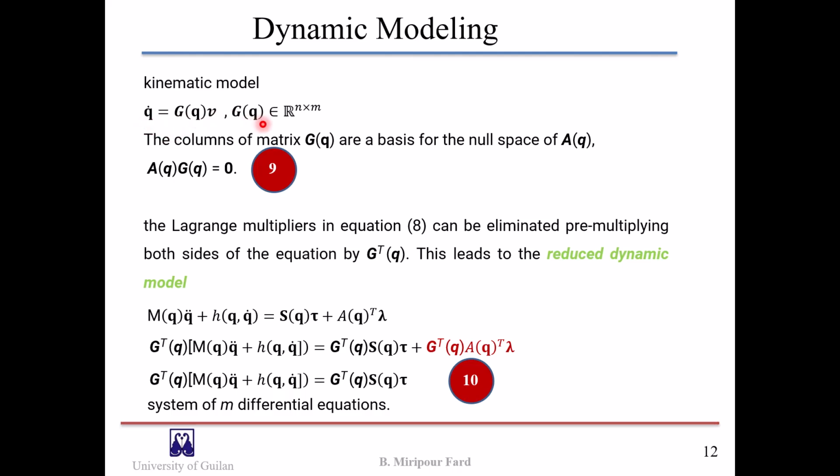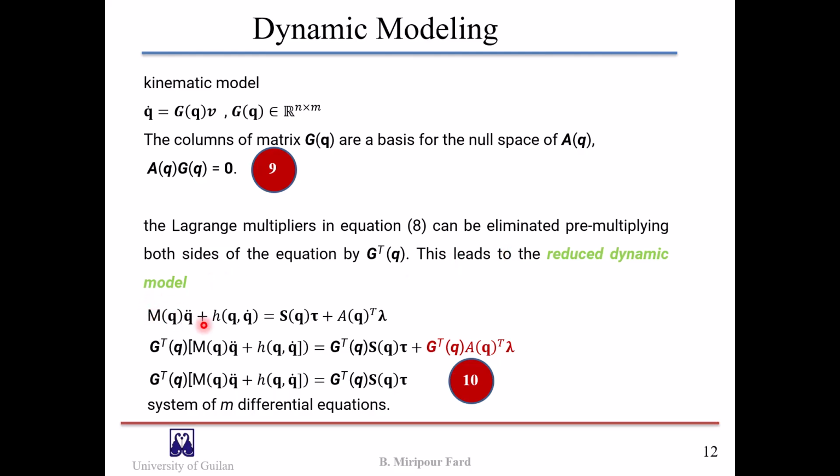The columns of matrix G are a basis for the null space of A, so that A times G equals 0. The Lagrange multipliers in equation 8 can be eliminated by pre-multiplying both sides of the equation by G transpose. This leads to the reduced dynamic model.